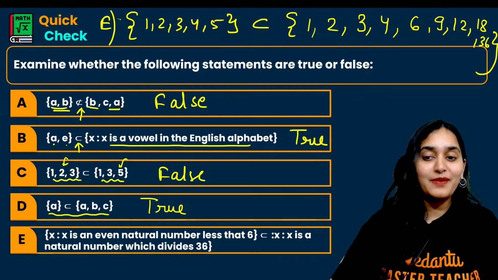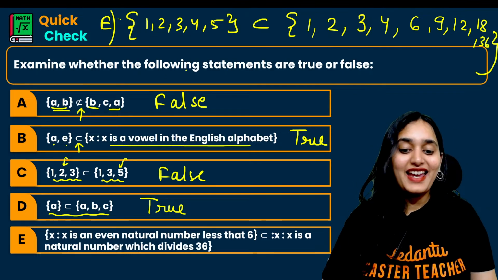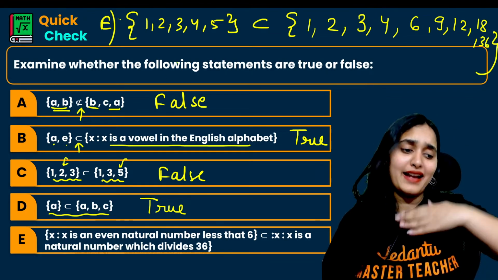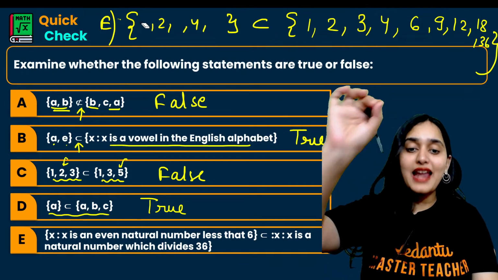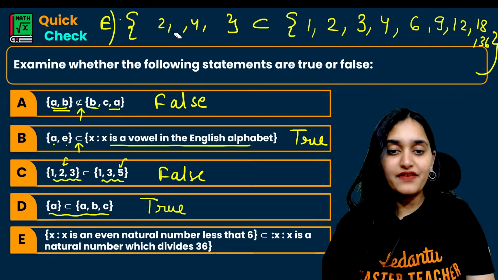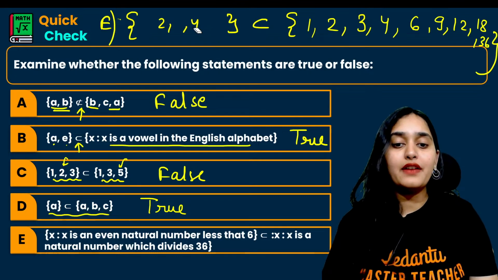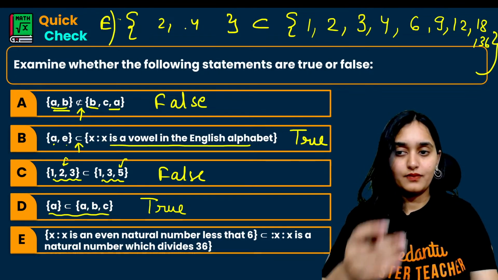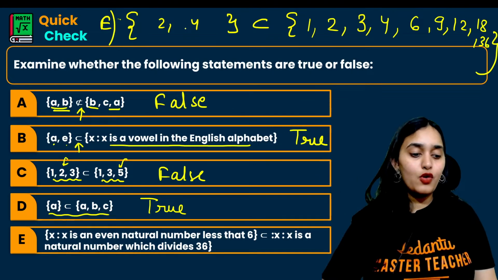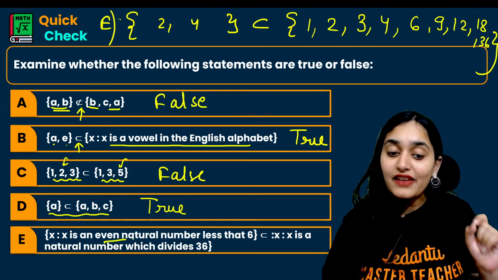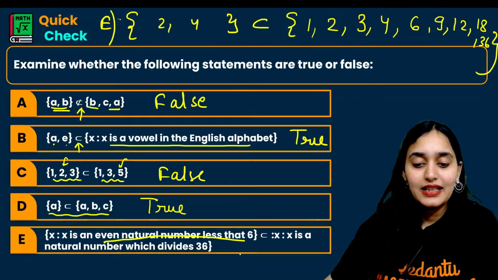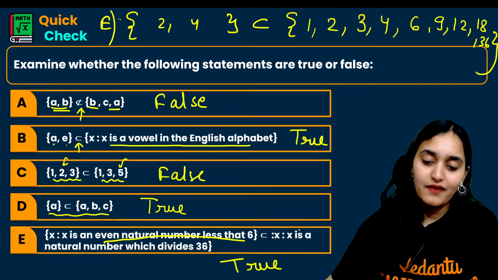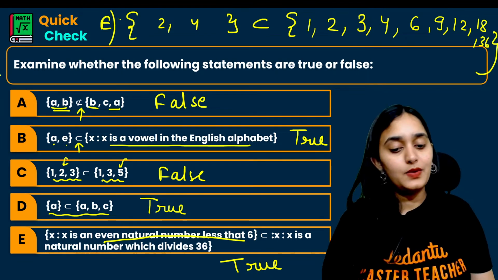So now you tell me true or false. Oh, my bad. I'm so sorry. This is not there. They are saying even natural numbers. So only 2 and 4 will be there, because they are saying even natural number less than 6. Absolutely right. This is a true statement. Very good, Isha and Malvika. Absolutely right.